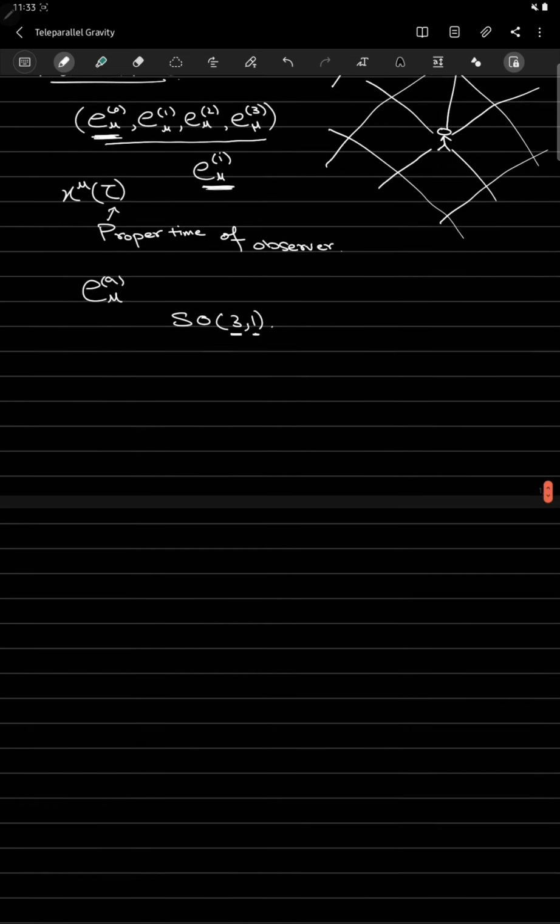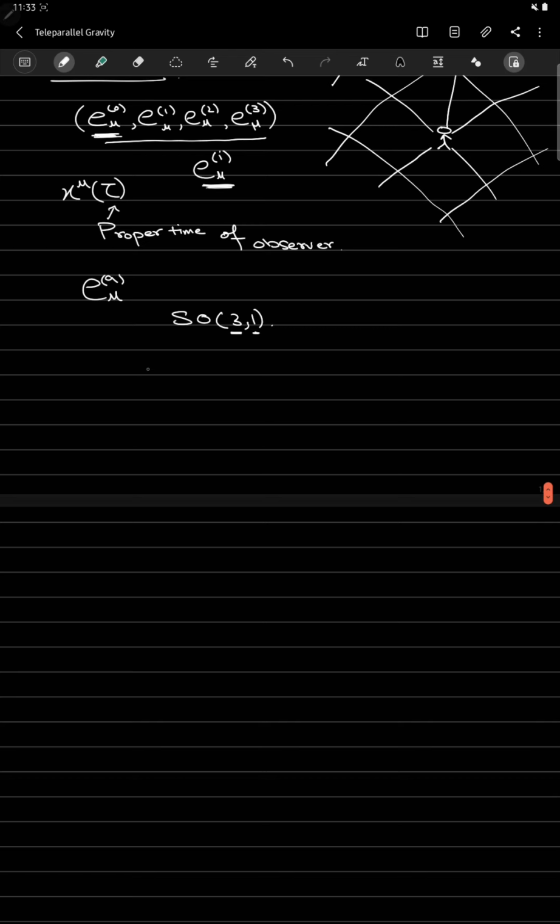And these are your Lorentz transformations, which means that you have e tilde A mu equal to lambda AB e B mu, this is the transformation law, right? So here again, the set of lambda AB are representations of your SO(3,1) group, right?